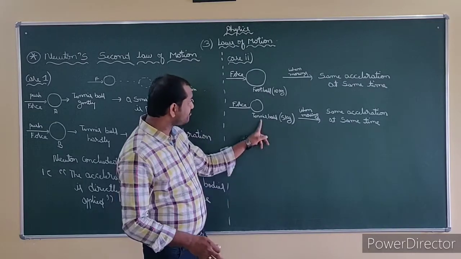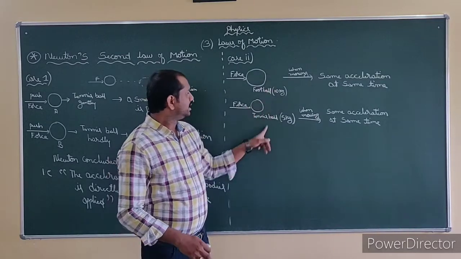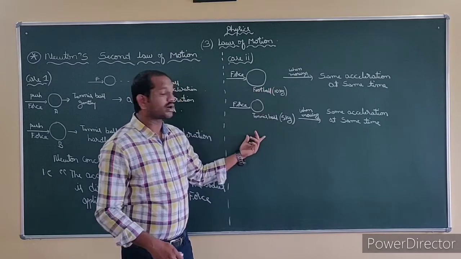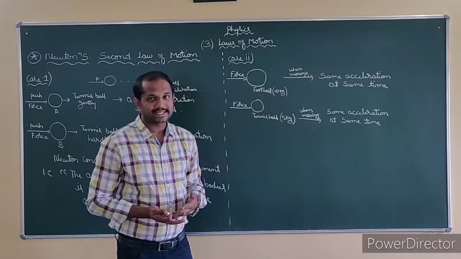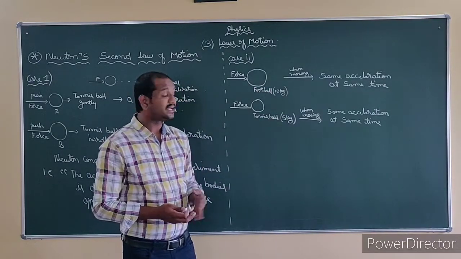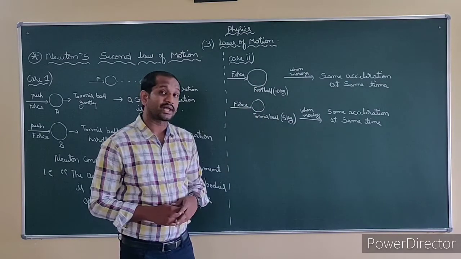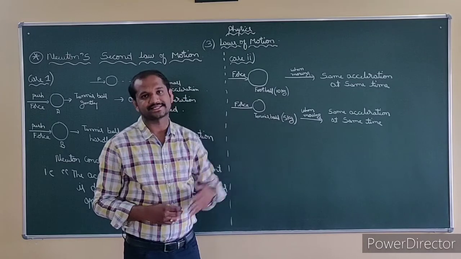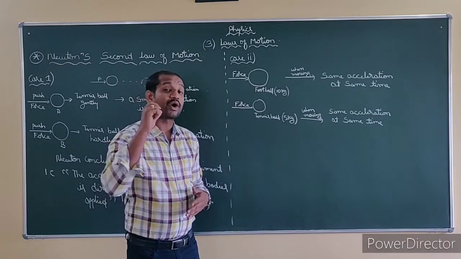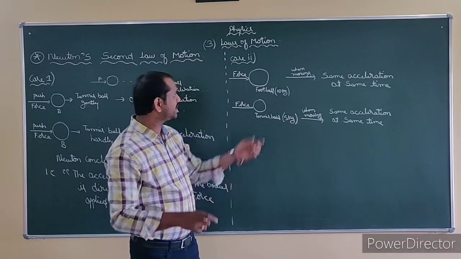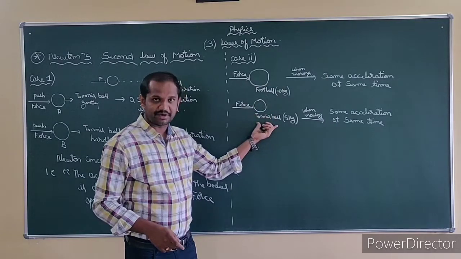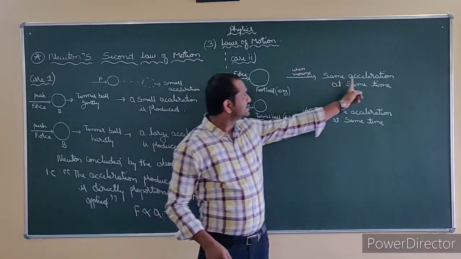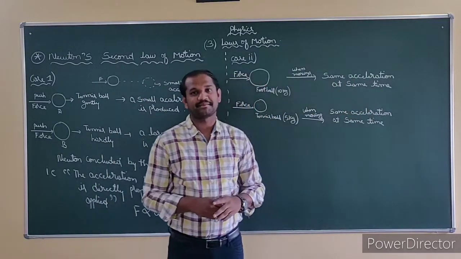If you apply different forces, what happens? The tennis ball will move with some other acceleration. If you apply the same amount of force, what happens? The tennis ball moves very fast, the football will move very little. Understand? But what should we do? We should make both the football and the tennis ball move with the same acceleration in the same time.